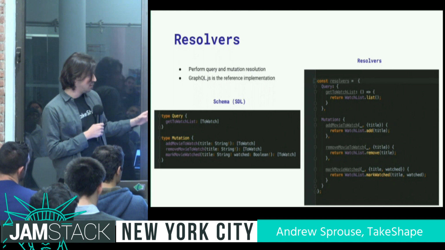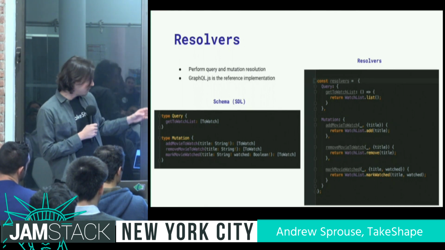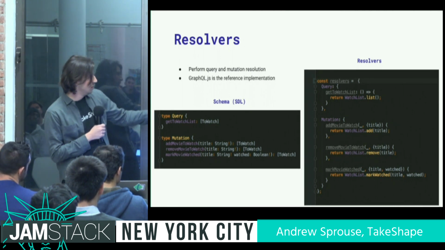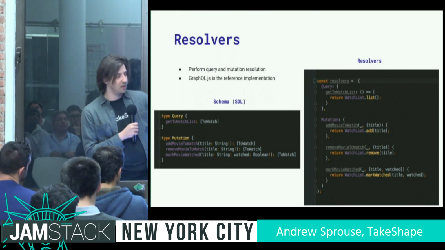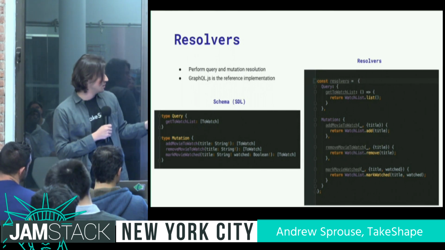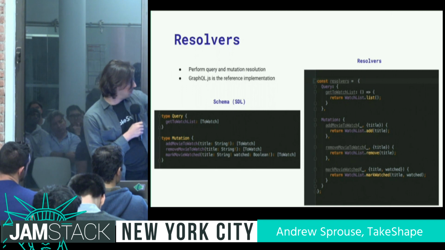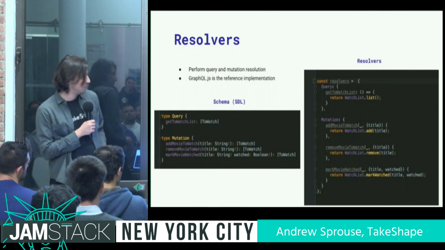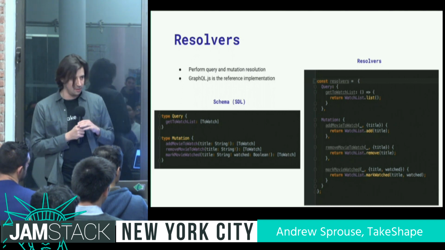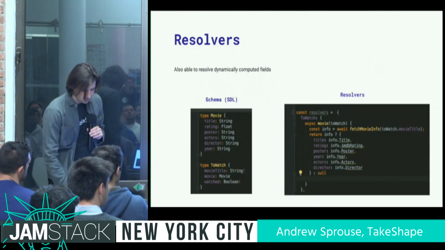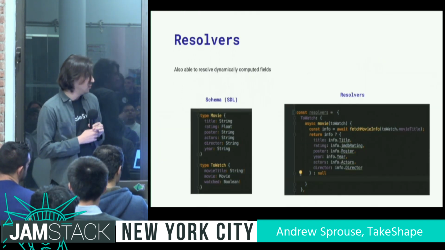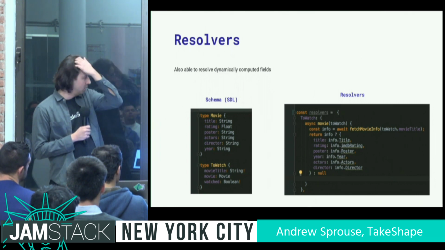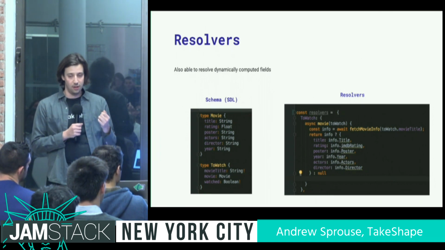As you can see, there's a lot of parity in GraphQL. In our schema description language, we then have resolvers that correspond to each of the queries and mutations. So right here we have just a fake database called watchlist, and it has very simple methods just for the sake of demonstration. Another thing that has resolvers is actually fields on a data type.